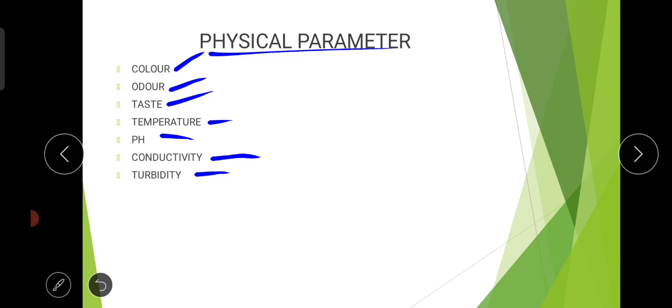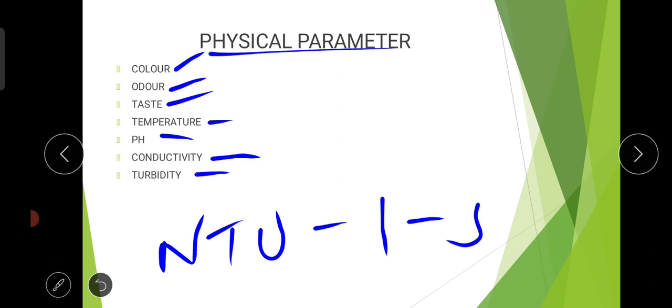If more suspended solids are there, turbidity will be caused, and this can be checked by using a meter called a turbidity meter, and the units are NTU. NTU means Nephelometric Turbidity Units, and the limit is 1 to 5 NTU. Mostly for water, less than 1 NTU is preferable, and up to 5 is acceptable.